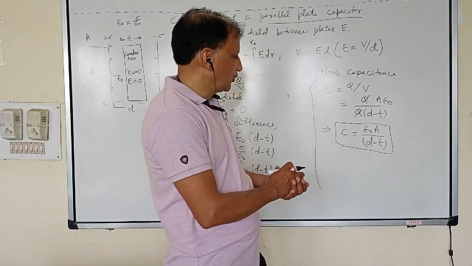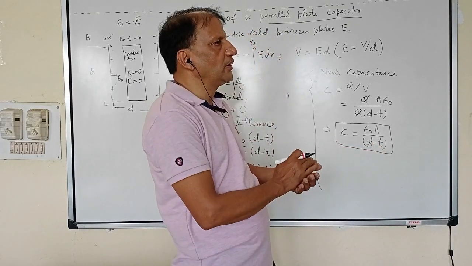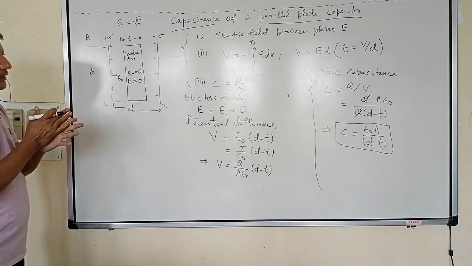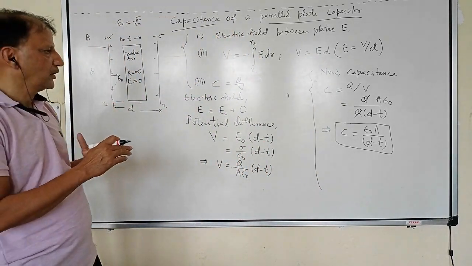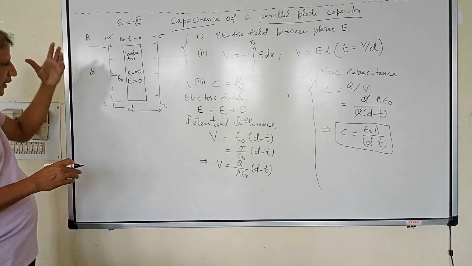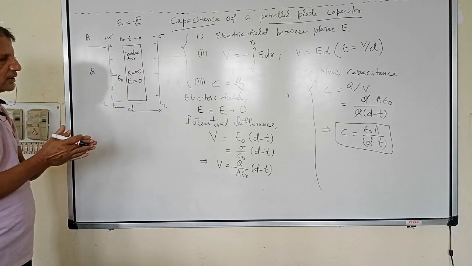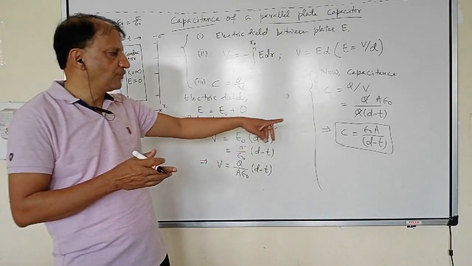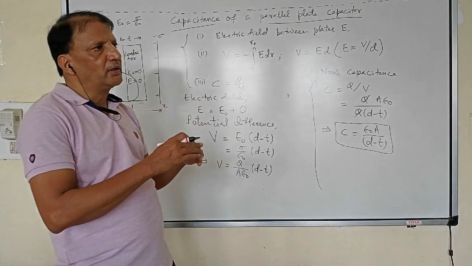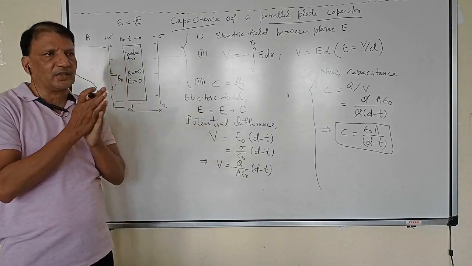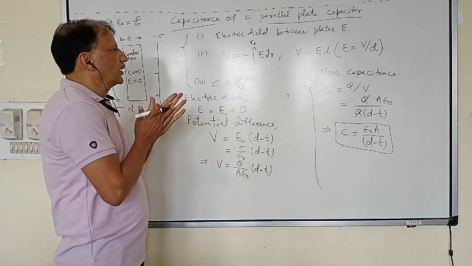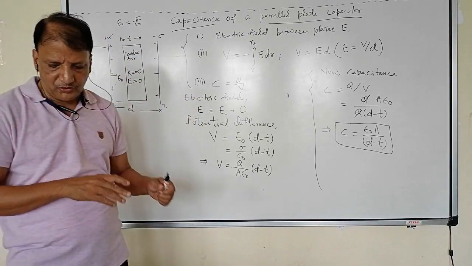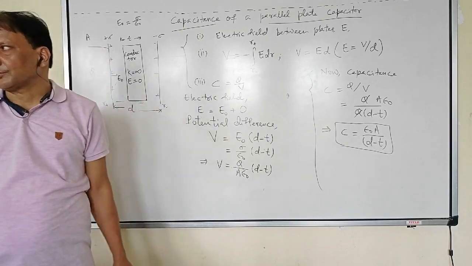In place of D, it is D minus T. So we have seen that whether a dielectric or a conductor is introduced between the plates, the effect will be the same: it will increase the capacitance of the capacitor. So this is the case of a parallel plate capacitor.